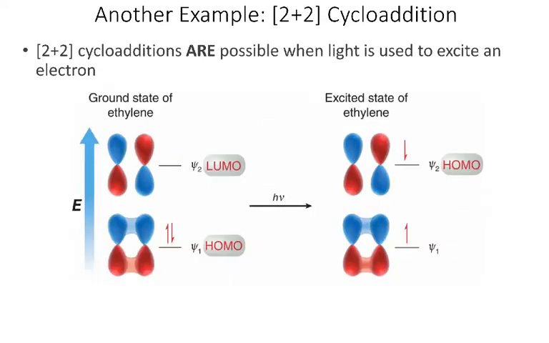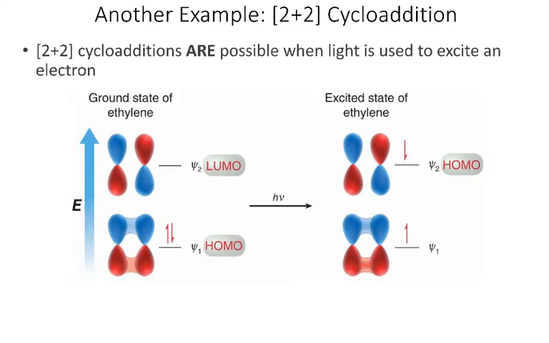Now, this doesn't mean that 2+2 cycloadditions are impossible. And this ties back into something else we talked about when we were talking about molecular orbital theory, and that is the fact that transitioning electrons from the HOMO to the LUMO can often be achieved by exciting one of the electrons with a photon of electromagnetic radiation.